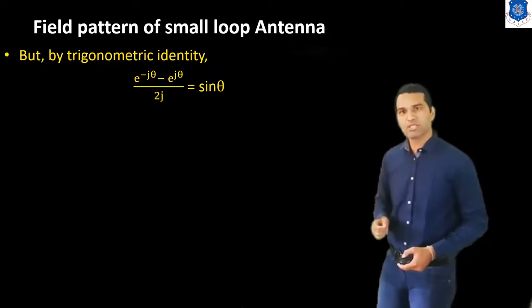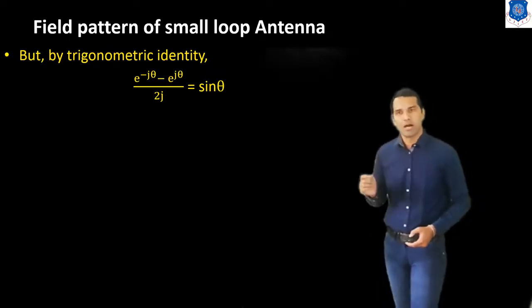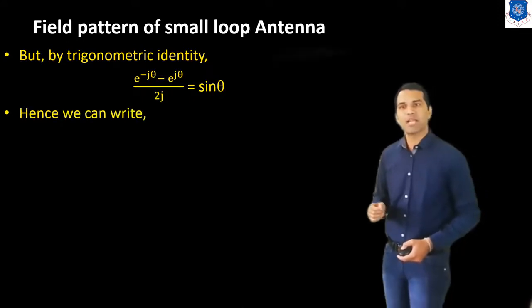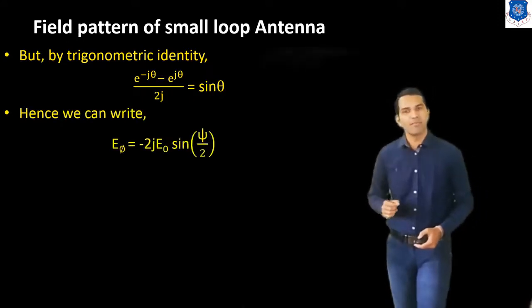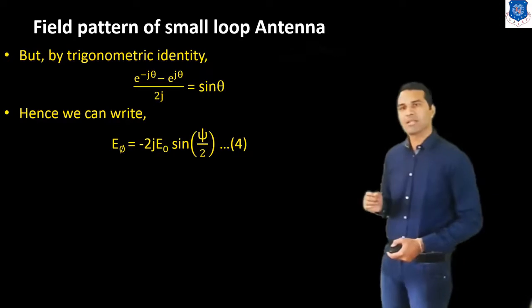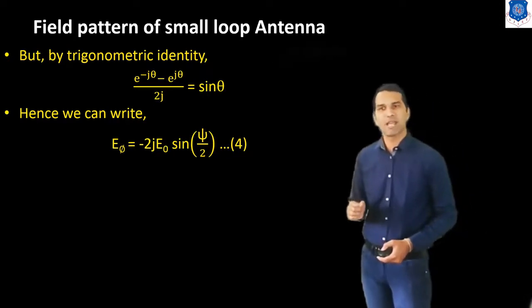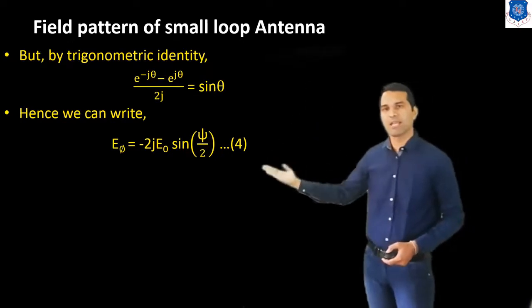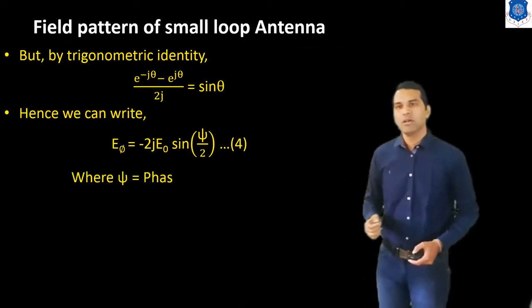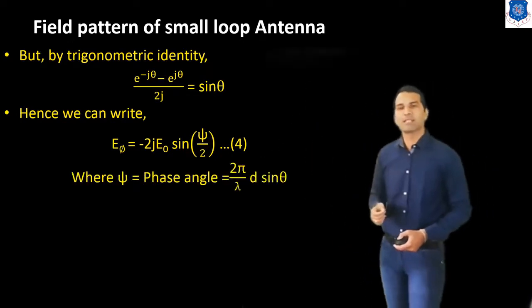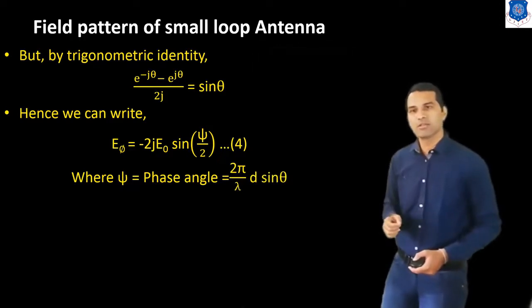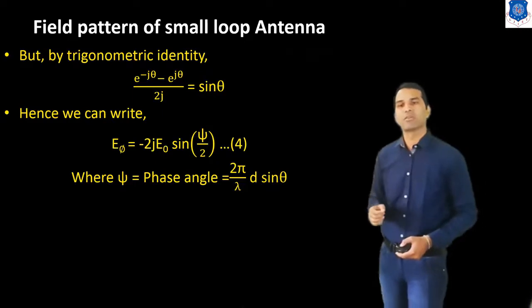We use this trigonometry in the array chapter. So hence we can write E phi equals minus 2j E0 sin psi by 2. Here psi indicates the phase angle, and we know that psi is equal to 2 pi by lambda d sin theta.